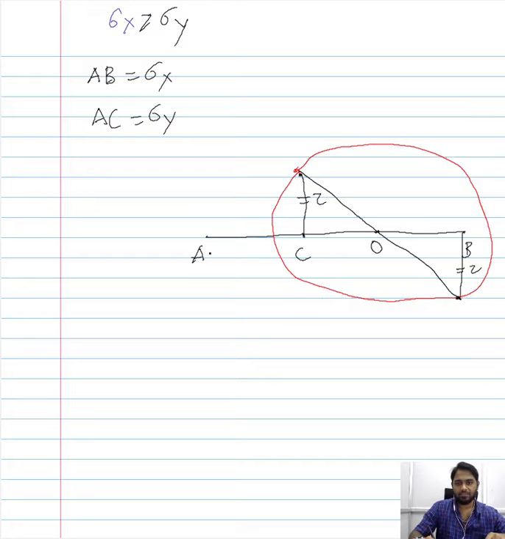We have line AB representing the stress along the x direction and AC along the y direction, and these two lines include the magnitude of the shear stress. We have now drawn a line that includes these 2 points and crosses the line AB at point O, and that is the center of the circle.